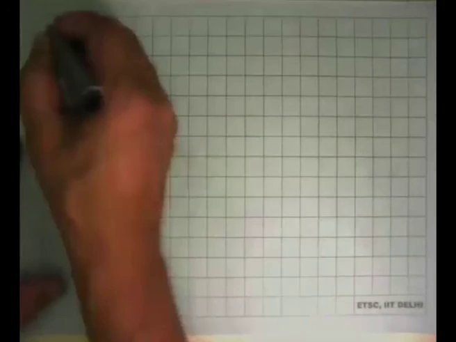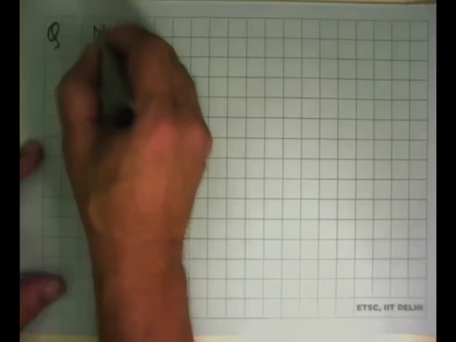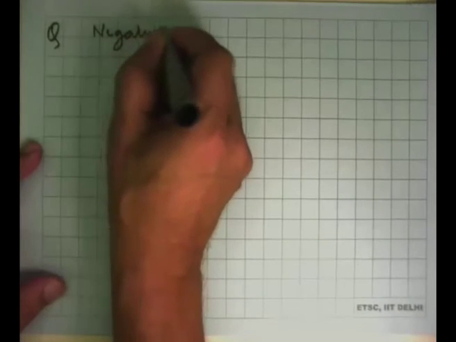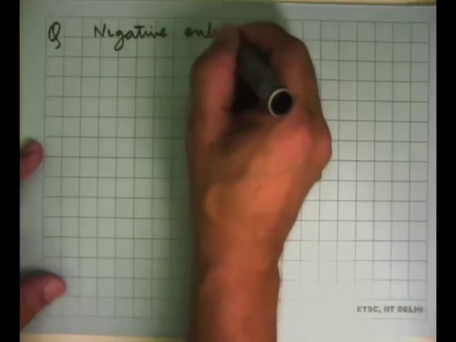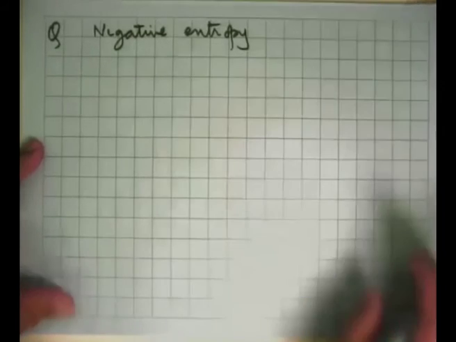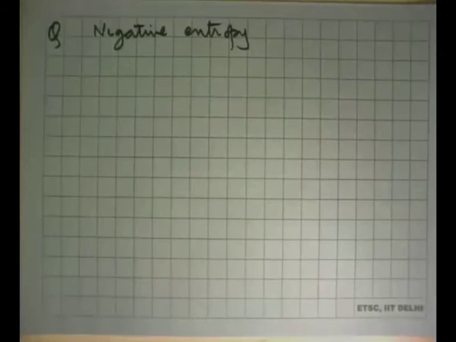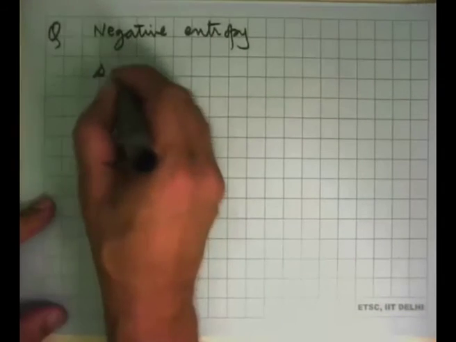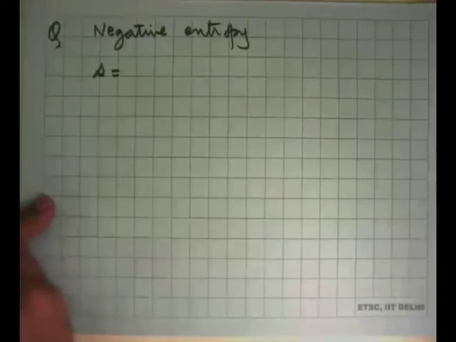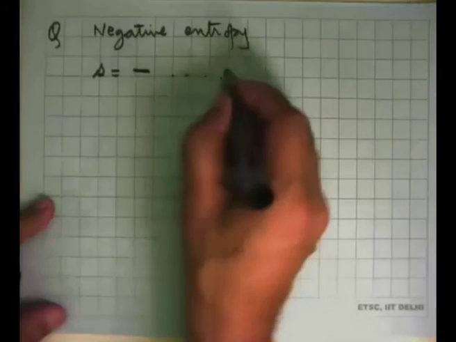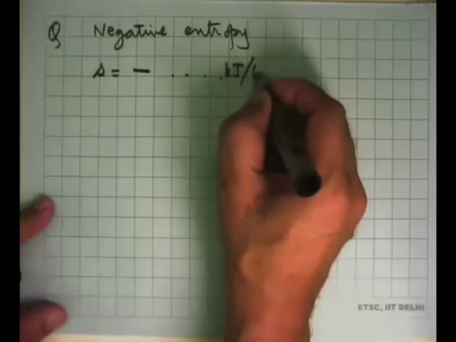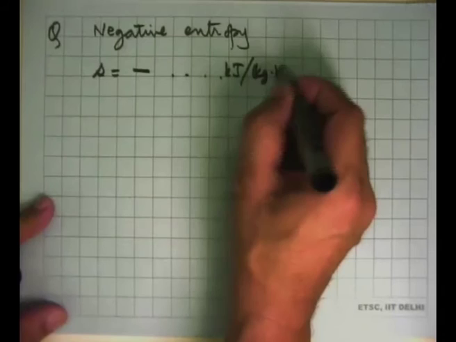What is the sense of negative entropy? Okay, so let's look at this. There are two issues in this. When you say negative entropy, one could be that the value of S that we get, especially from tables for many substances, has a negative value, so many kilojoules per kg per Kelvin.